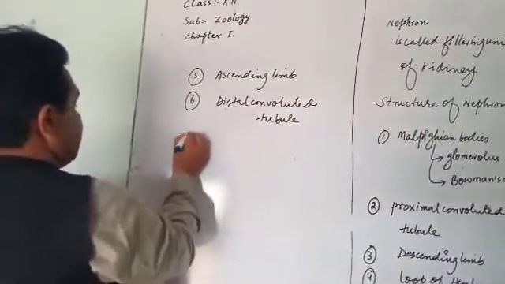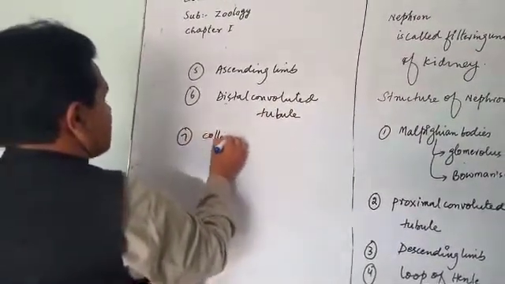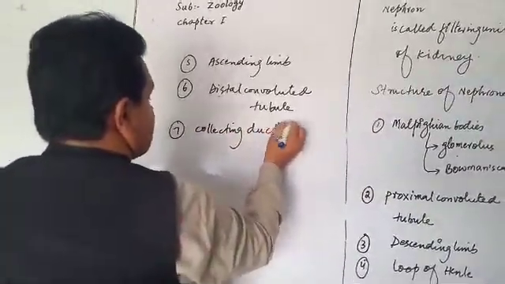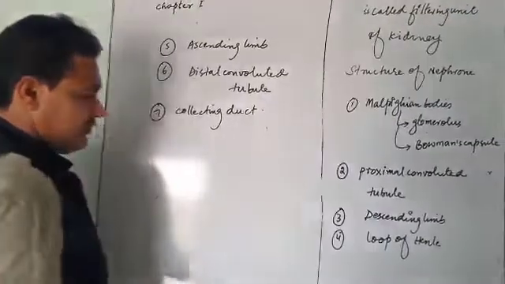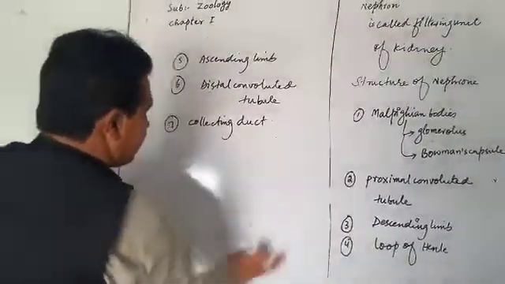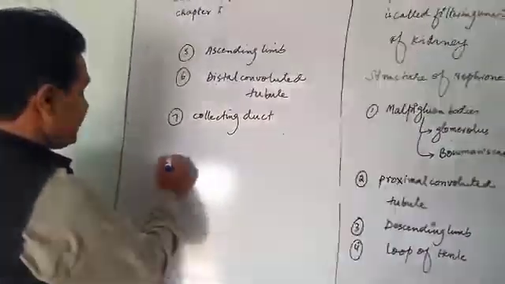Number 7 is collecting duct. Now I am drawing here the structure of nephron for your convenience.